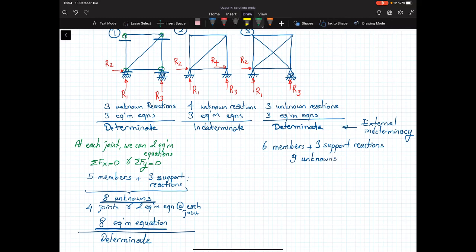How many equilibrium equations can I write? Again, I got 4 joints. 4 joints will give me 8 equilibrium equations. So the result is that it's indeterminate.